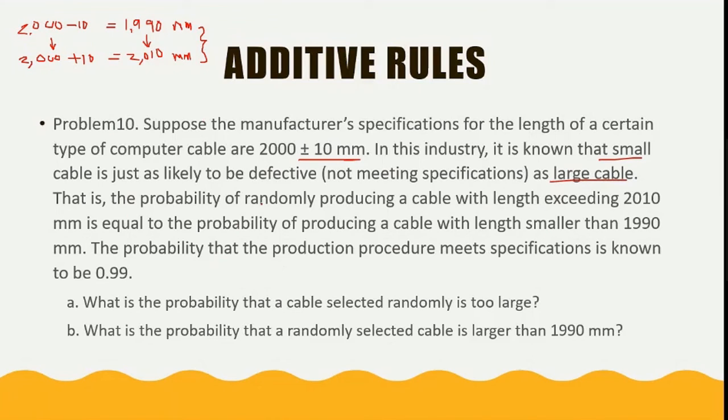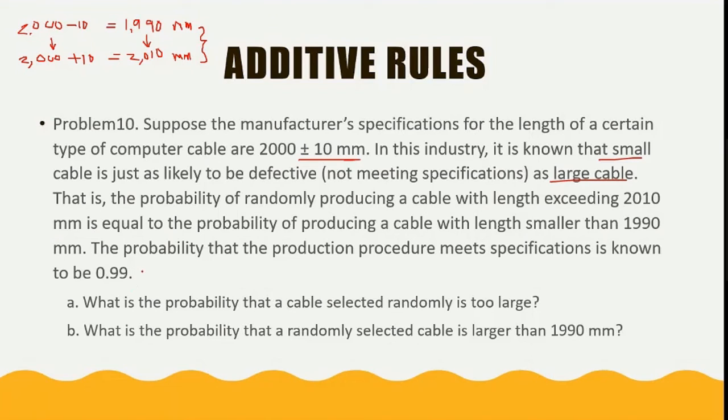So the probability of randomly producing a cable with length exceeding 2010 millimeters is equal to the probability of producing a cable with length smaller than 1990. Now, if the probability that the production procedure meets within the specification is known to be 0.99.